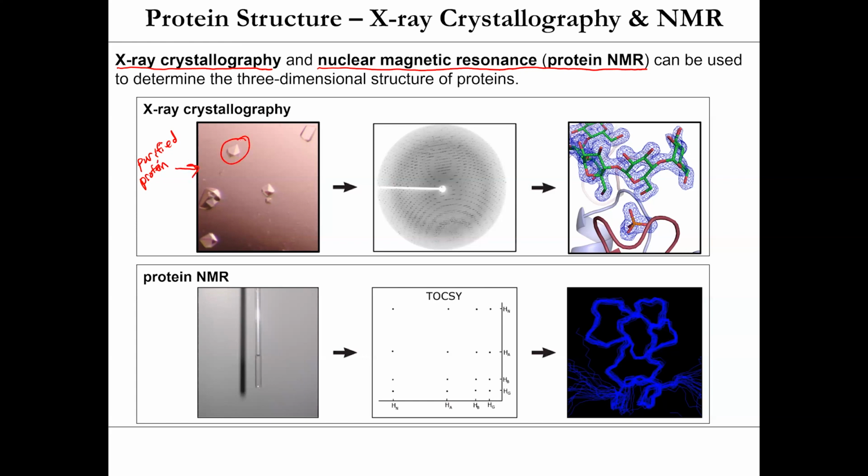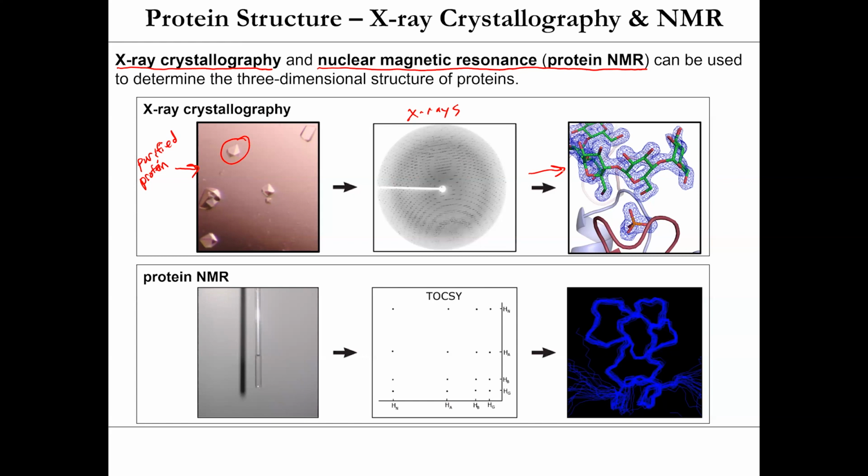This crystal can then be shot with very high quality X-rays, usually at a synchrotron. And the way that the X-rays bounce off the specific atoms in that crystal allows you to determine the three-dimensional structure of the protein.